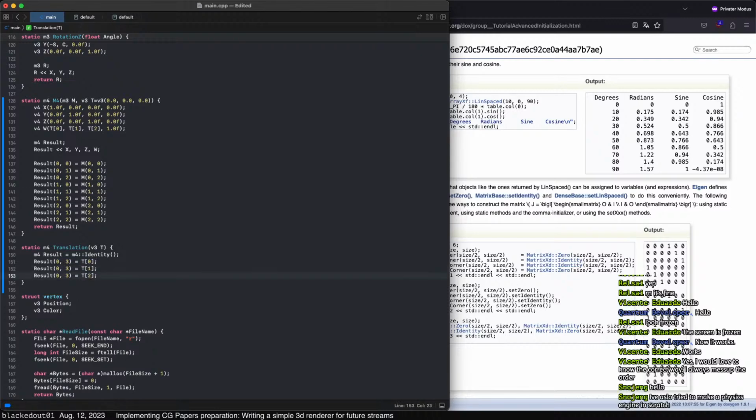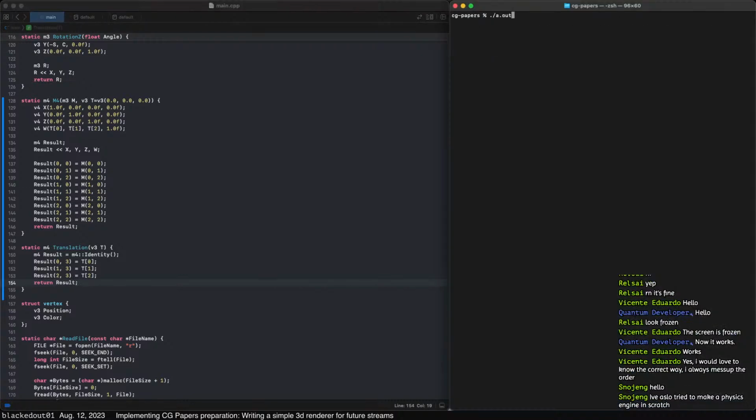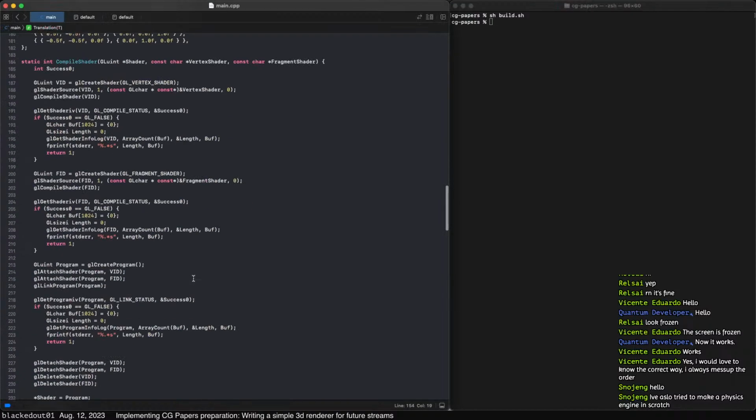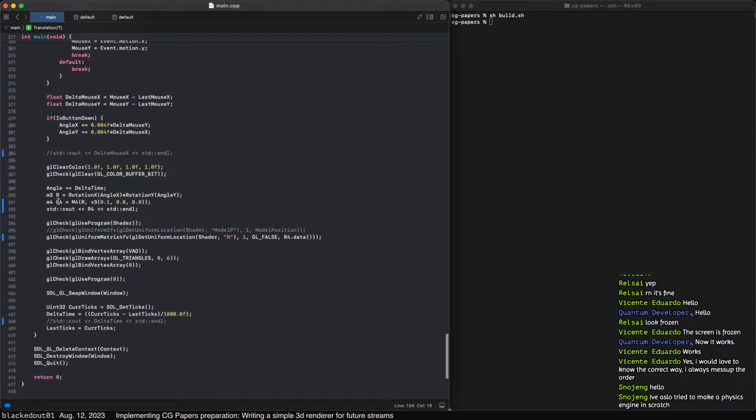You have also tried to make a physics engine from scratch. And did it work?